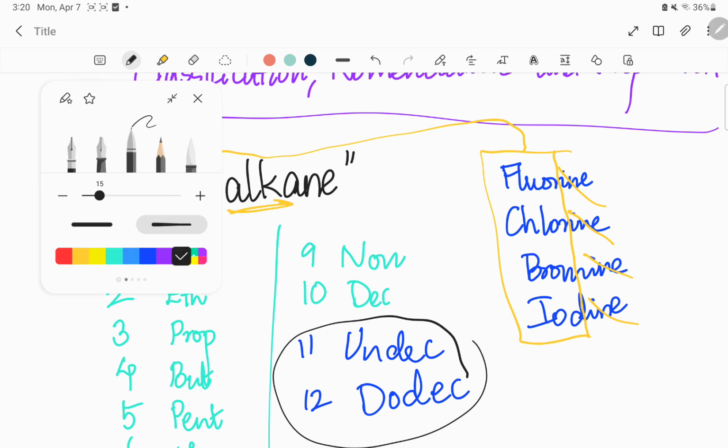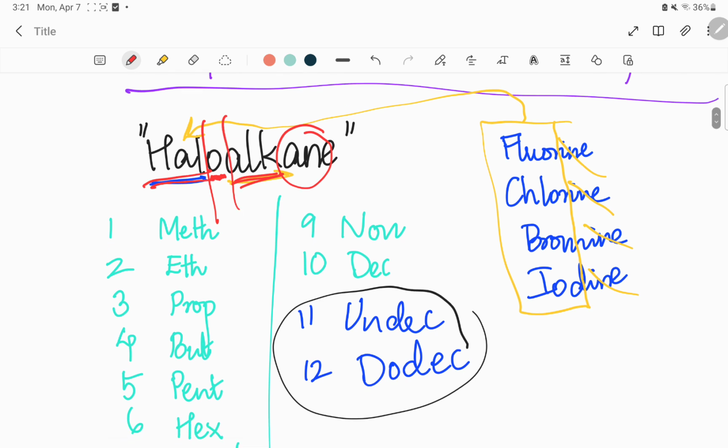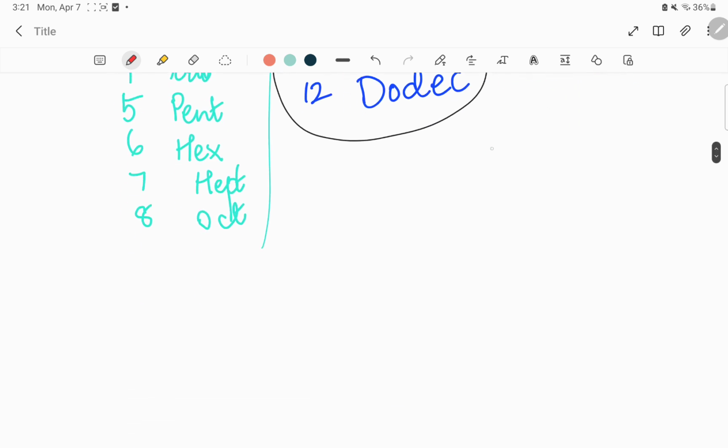So here we have seen what hal refers to and what alk refers to. Ane is basically the primary suffix for any alkane, and we also need to incorporate the letter o in between the hal and the alk. There is an o as well. So let's say I have a compound C3H7Br.